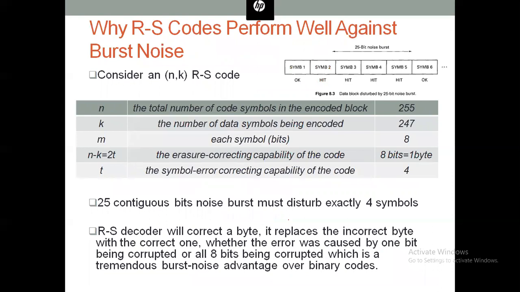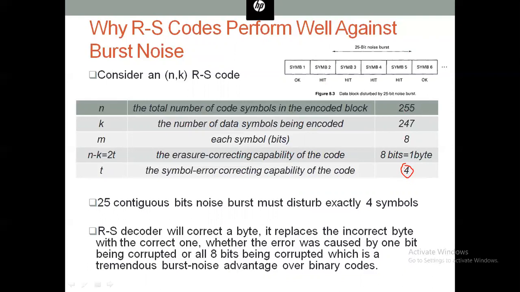So RS codes have a very good property to correct a burst of errors. So if a 25-bit burst of errors occurs, it will be able to correct it if the value of t is 4.